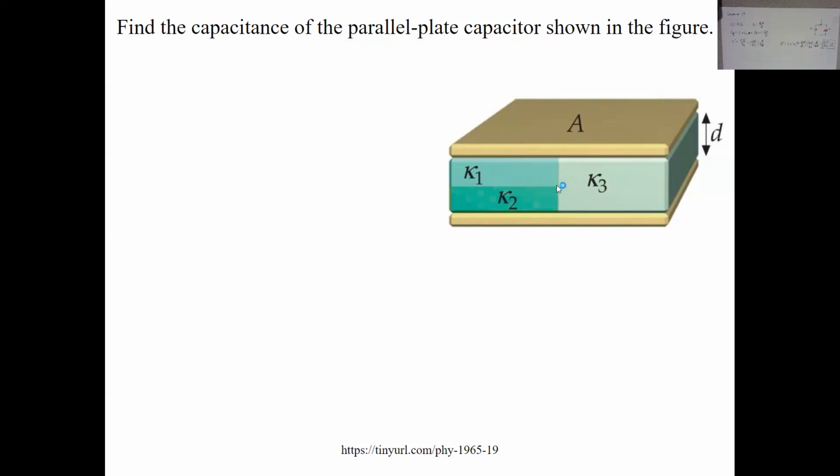So the whole plate is divided into 2 equal parts over here, and the left part is further divided into two equal parts. So kappa 1 on top and kappa 2 below. Then these two are connected one after another, right? So these two are actually in series, and this will be in parallel.